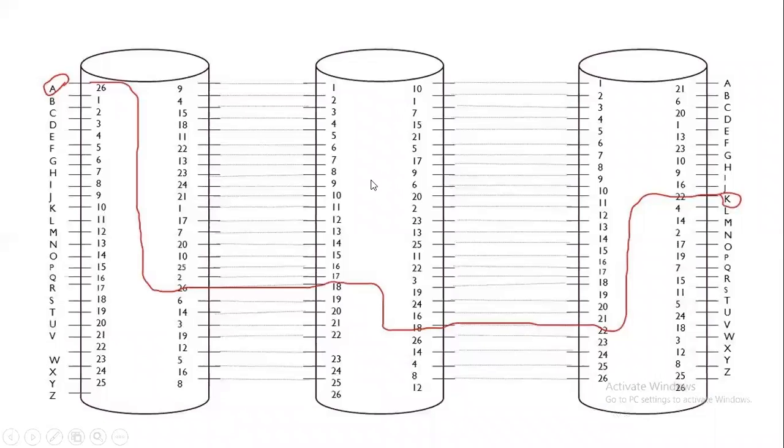Like this. If I press A, the pin number is 26. Its output is 26 because this A is connected to the output pin, and this output pin is connected to the second cylinder.